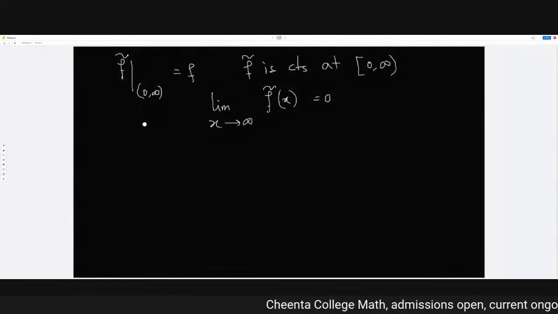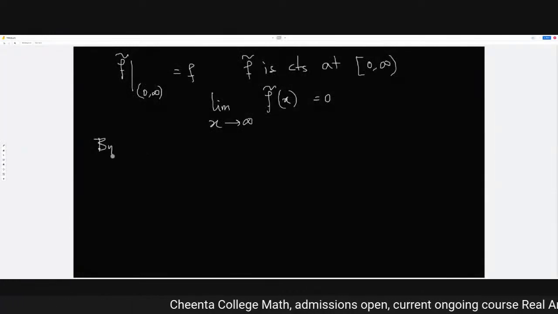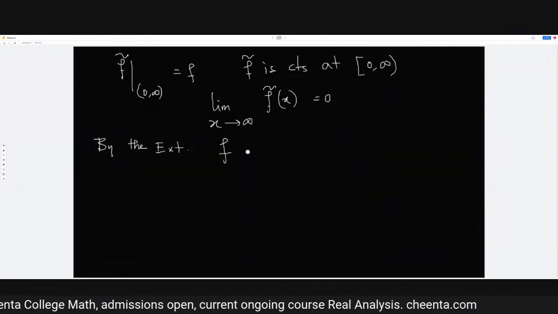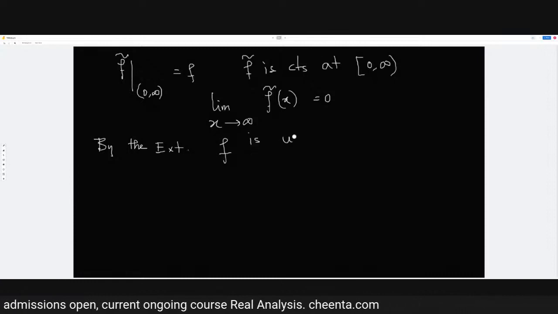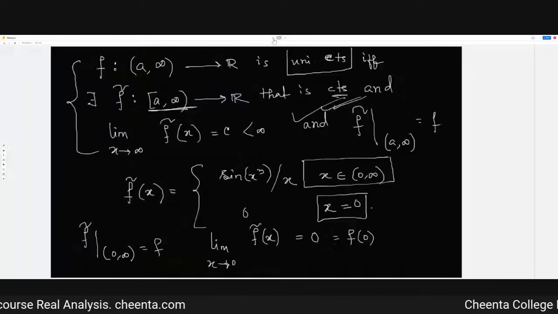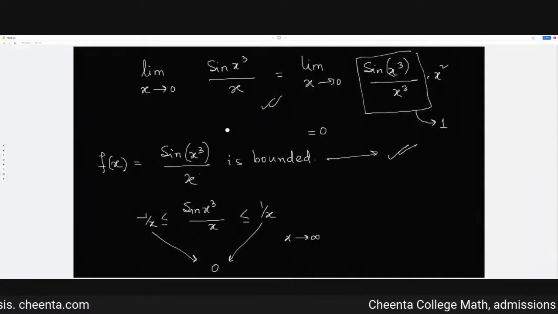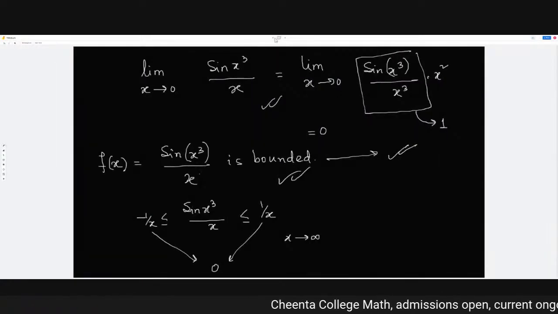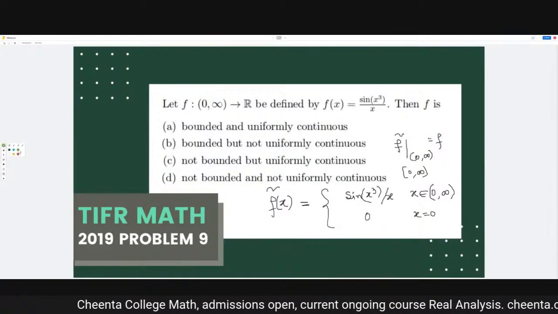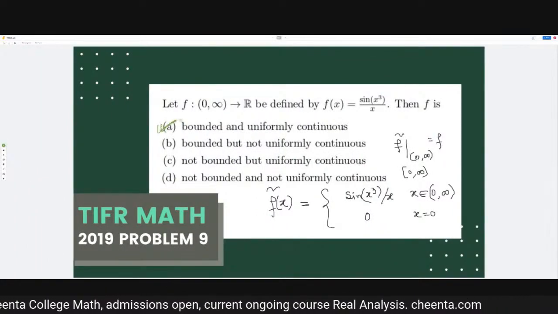So by the extension theorem, f is uniformly continuous. First we proved that it is bounded, and then we proved that it is uniformly continuous. Hence, the solution to this question is that it is bounded and uniformly continuous.